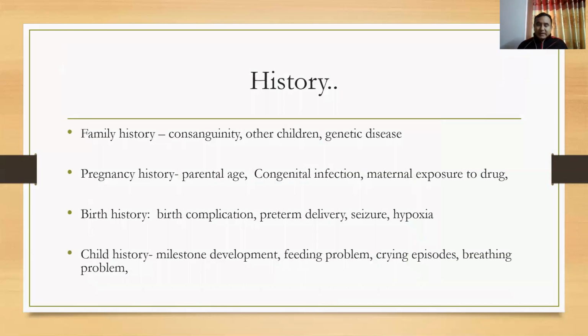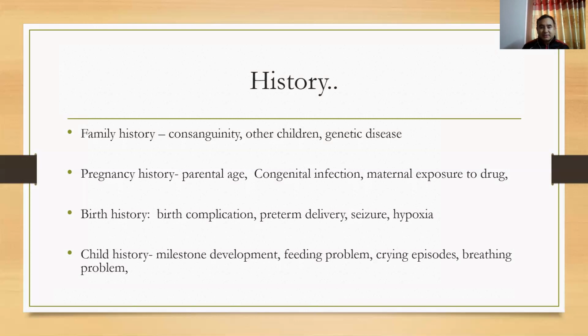Regarding the history, when you see a patient with hypotonia in our day-to-day clinical care, we have to take the history properly, because history gives us so many clues towards the diagnosis. In the family history, we should always ask about consanguineous marriage, because there are many genetic diseases that can cause hypotonia, and they get revealed if the parents had a consanguineous marriage.